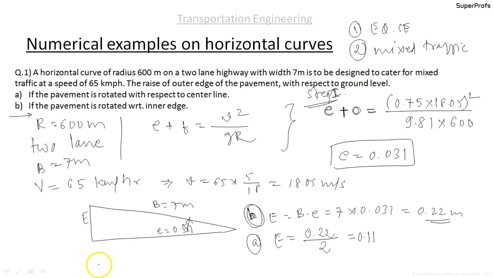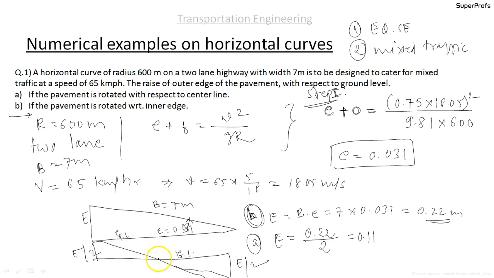Here the case in A is like this: it is E by 2 and again E by 2. The raise is measured from the ground level, and in both the cases the ground level is here.